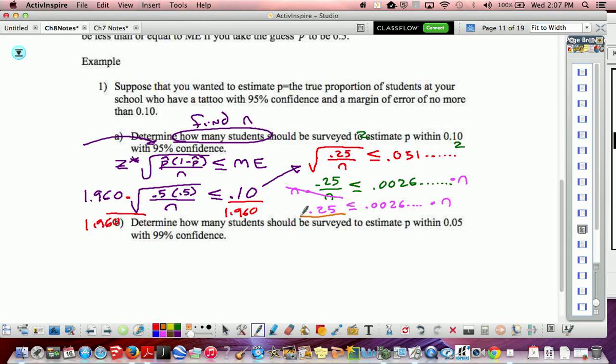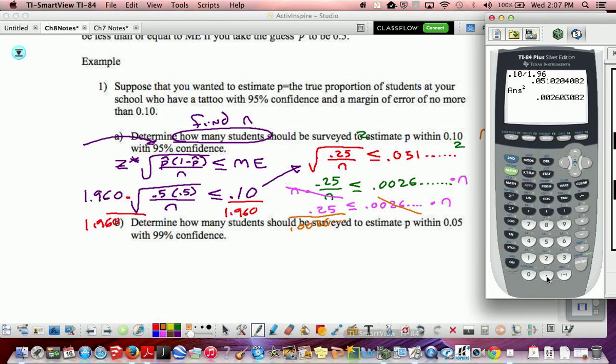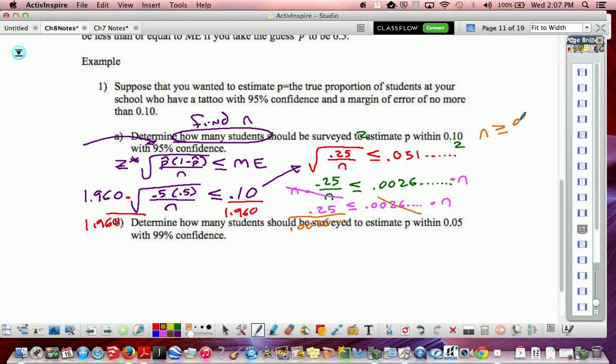Divide by this, yeah, this 0.0026... So now I'm going to flip the whole statement. So n is actually greater than or equal to, because I'm reading it backwards. Then I need to plug this in my calculator. So 0.25 divided by this 0.0026 is my answer. And I get 96.04.